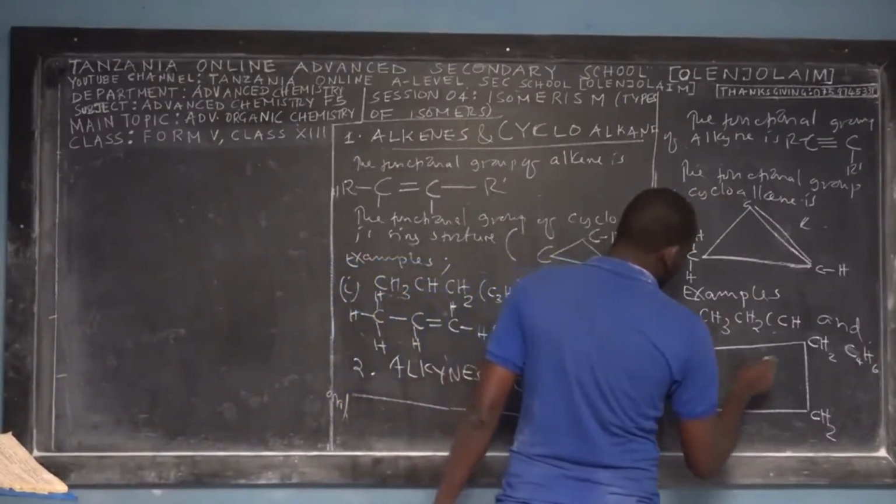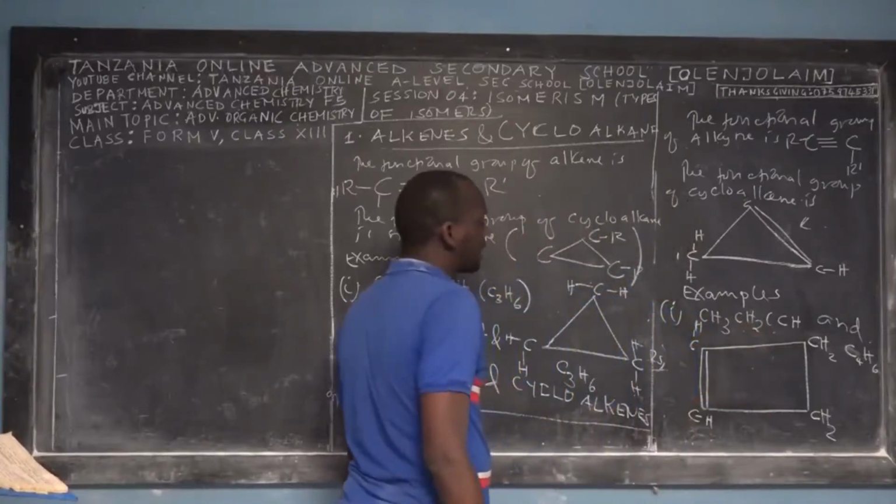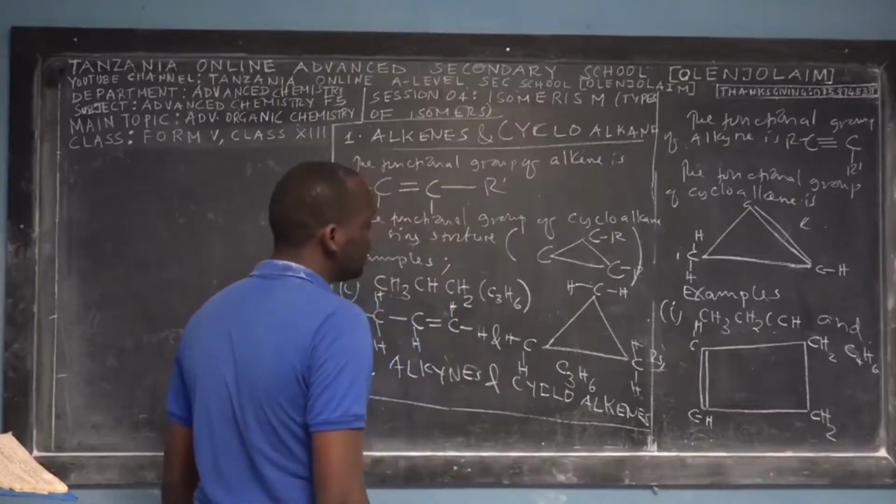This is cyclobutene, and this is an alkyne: different functional groups, but the same molecular formula.